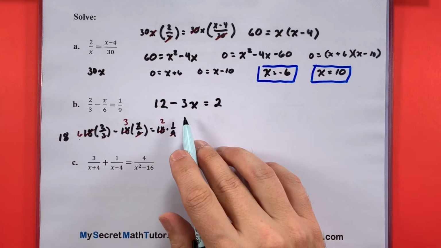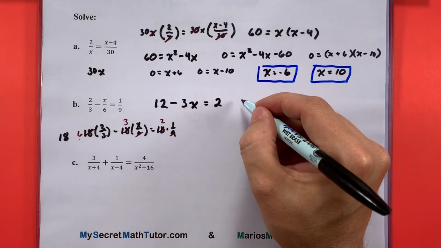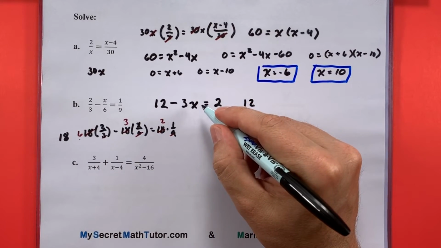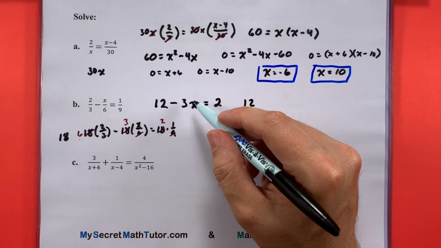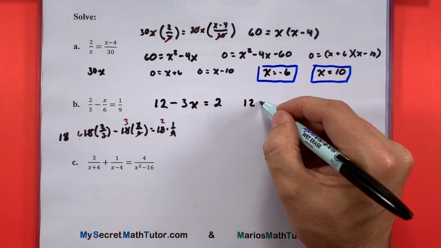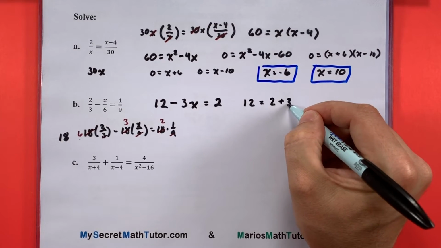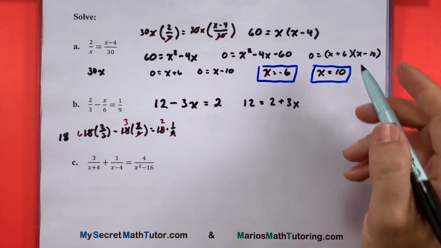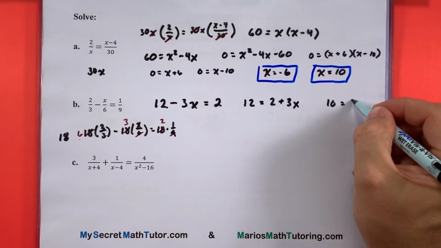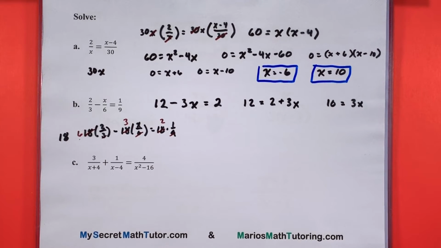I like it. And now we work on getting x all by itself. So let's see. I can move the 3x to the other side. That way at least it's a positive number. Move the 2. And let's see, that's looking pretty good.